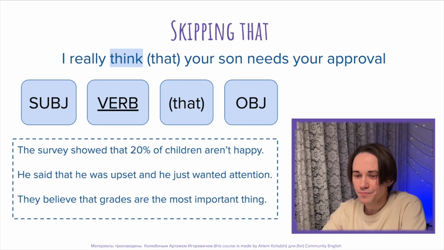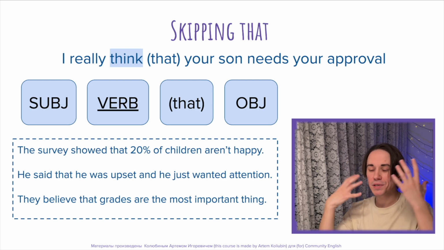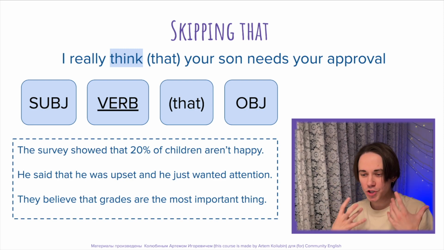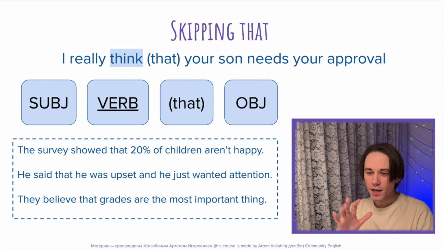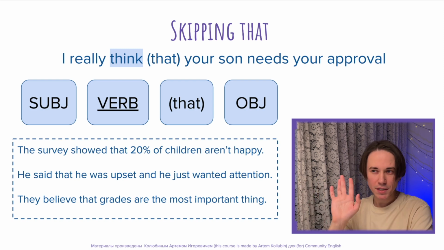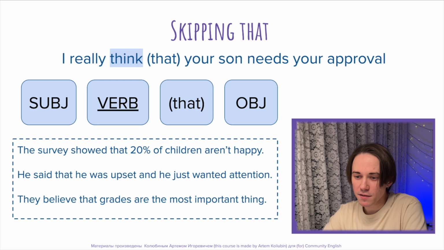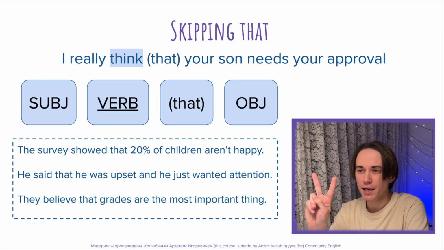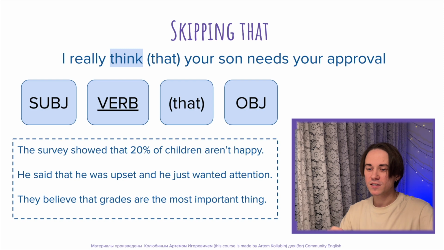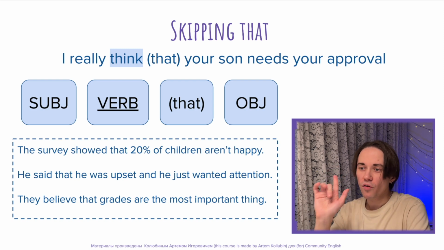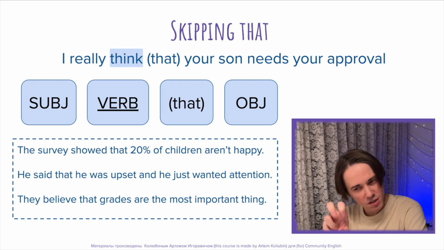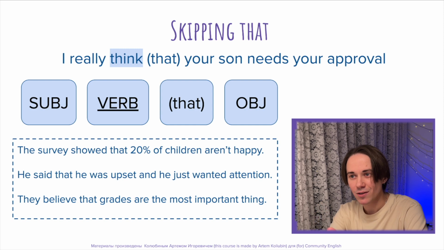And of course, I want you to speak it through. I want you to say that for yourself. So what are you going to do right now? Take a minute to do that. Watching this webinar, read a sentence like this one and read it both ways. Try to hear and feel this difference in sentence structure. So first you read with that, then you skip that, and it still sounds okay.